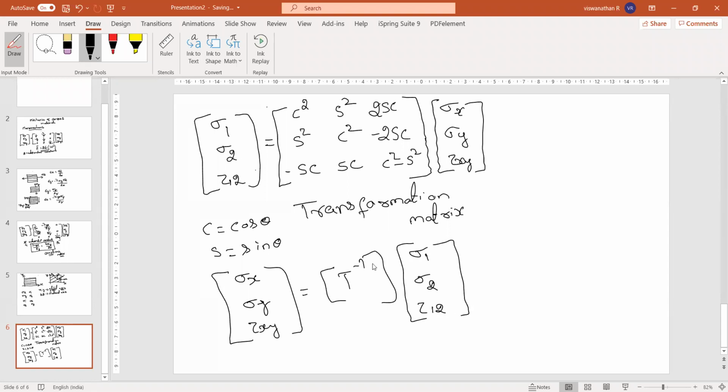So you take the inverse transformation. If you take the inverse of the transformation matrix, you get the inverse transformation. All these things are important, relating local stresses and global stresses, because you will know one of them and have to find the other. So for these things, this will help.